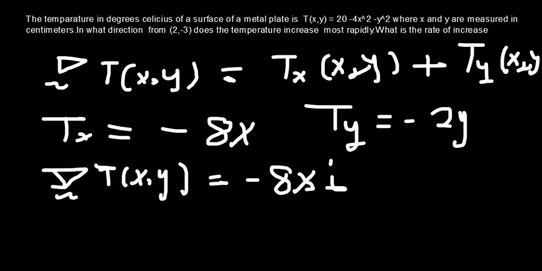We write i like this. Let me write it well. We should write j here.